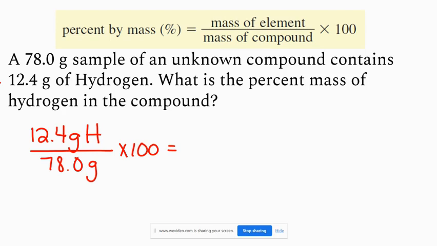So I ended up with 15, and I'm just going to round it to the tenths place, and I'm okay for you guys doing that. It will be 15.9. And make sure you put your percent sign and what element it is. So these are essentially your units for percent. The percent sign and what item it is that you're doing the percent of. Okay? Easy enough? Yes.